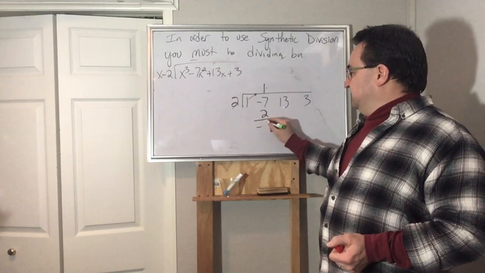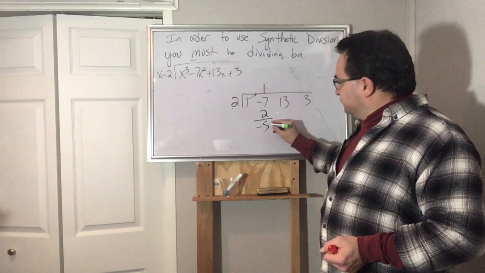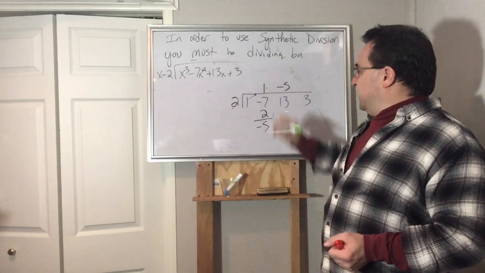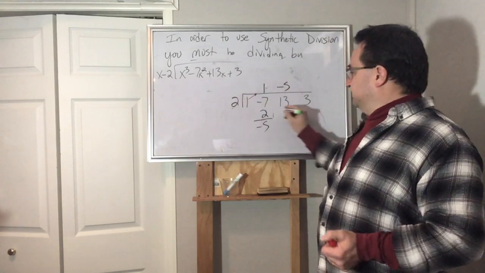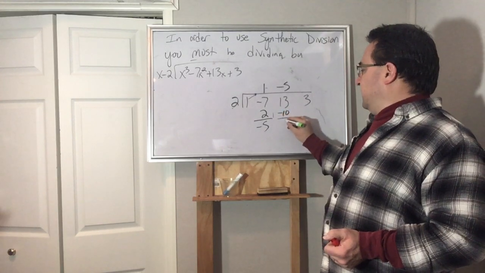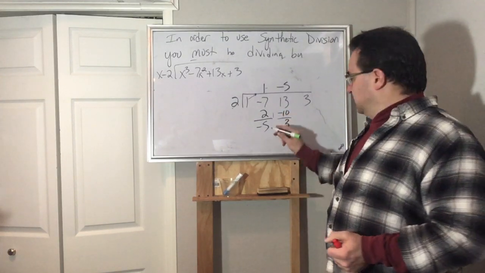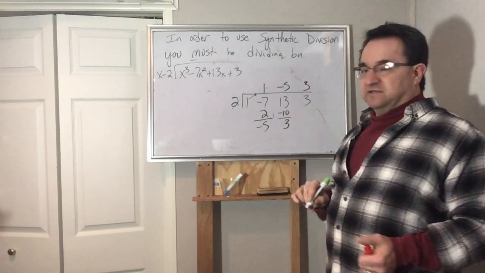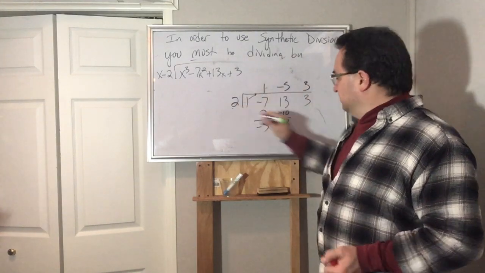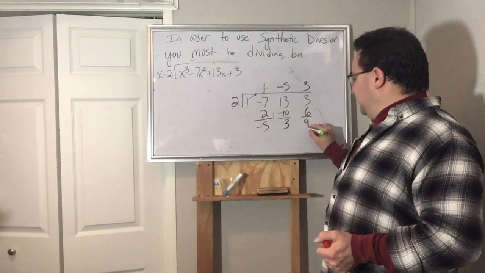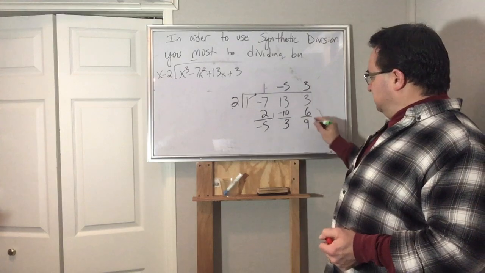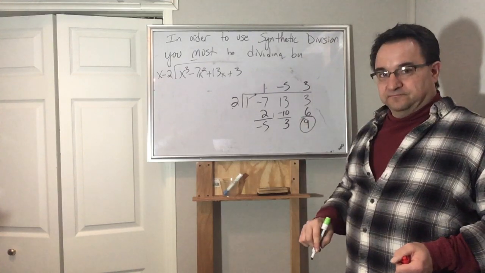I add what I see. I drag that up to the next slot. I multiply. Add what I see. Drag that up to the next slot. Multiply. Add what I see. When I get to the end, that's the remainder.